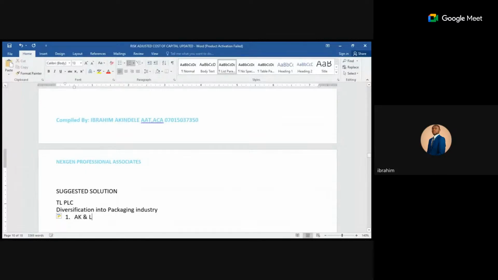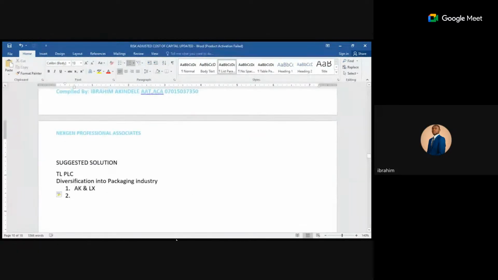Now, class, in a situation where you have two proxy companies, what is the next step? Calculate the asset beta for AK.